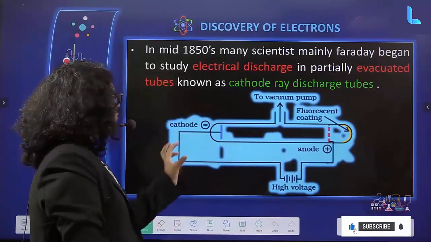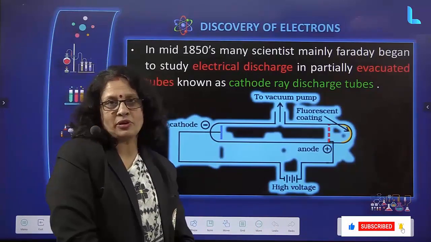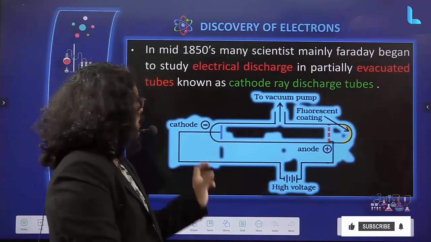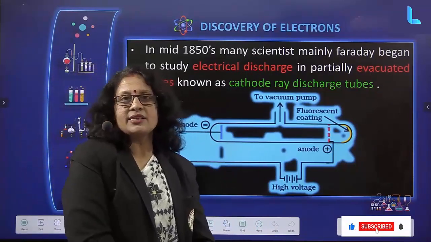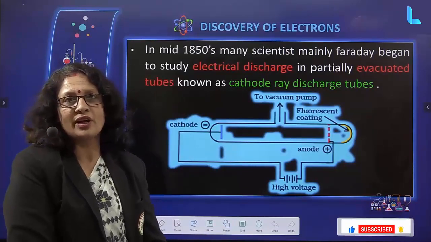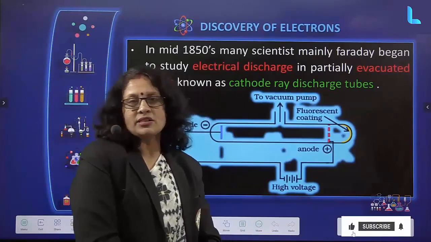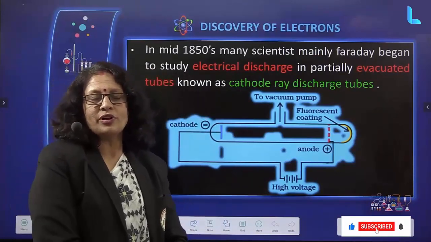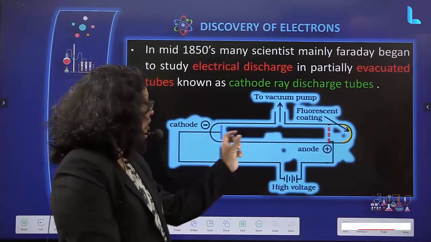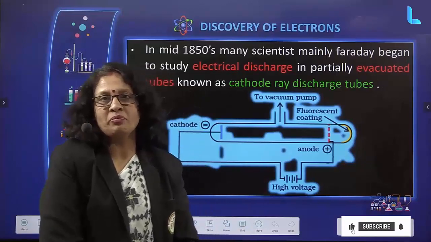So whenever a supply of current is passed, what happens? The gas which is filled inside gets charged. Because of that, you will observe that there are particles going to the positively charged plate.